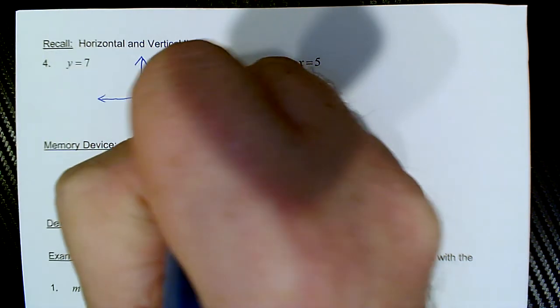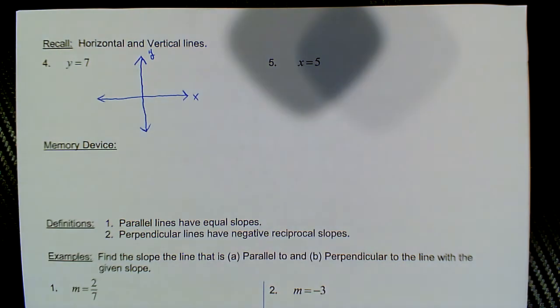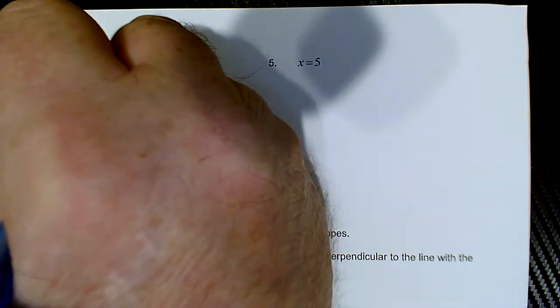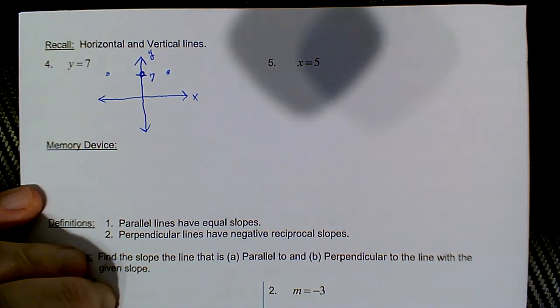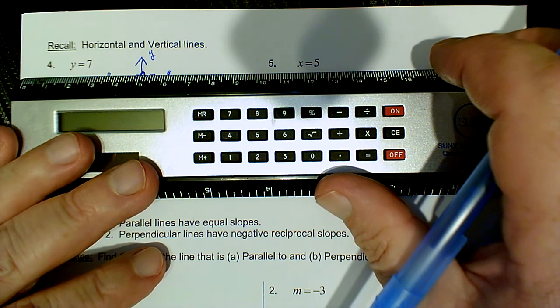So right away again, in number 5, I recognize it as being a situation where the fact that the y is missing means it's special. It's a special line. So again, if it's got just x or y in it, it's special. Did I remember if it's vertical or horizontal when x equals? No. I'm just going to make a sketch to prove to myself what's going on. And if x is 5, just say somewhere over here is 5, that's a point for sure.